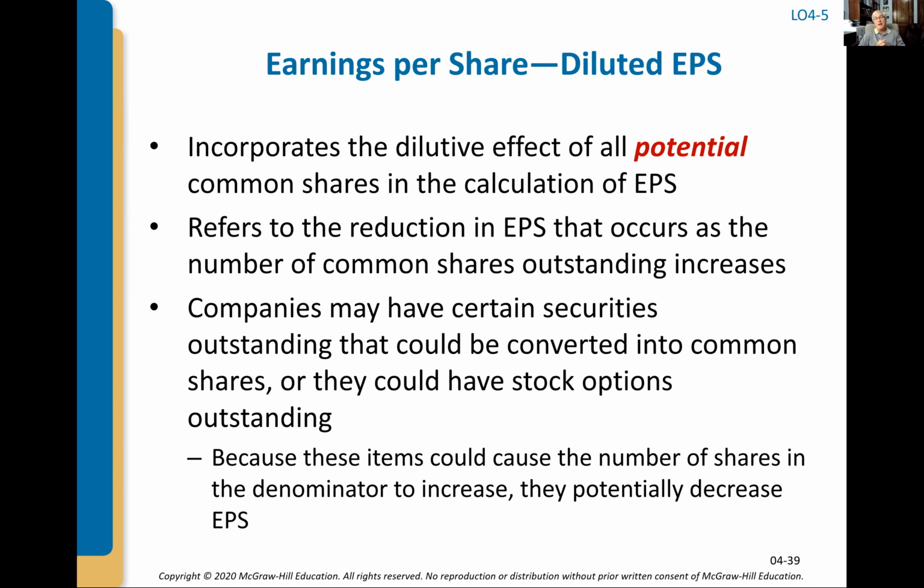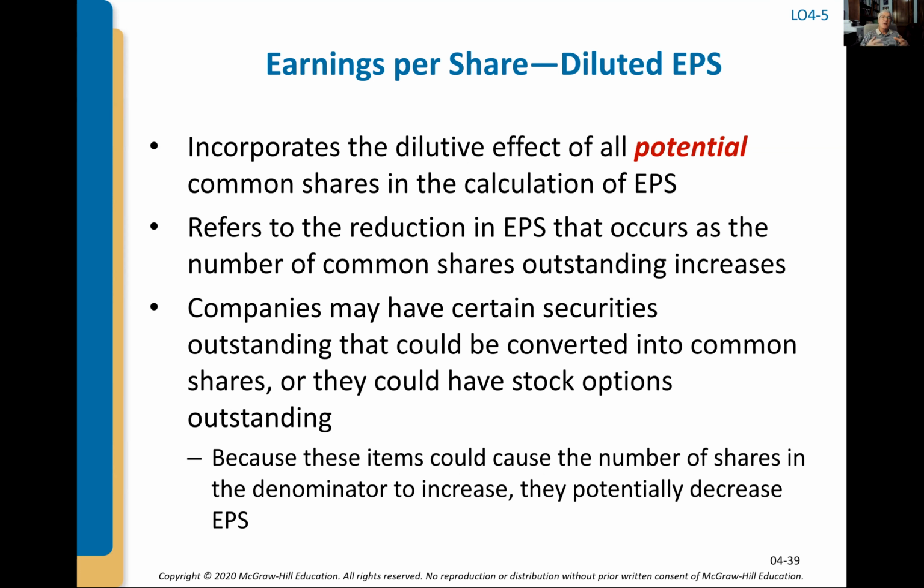Another example: companies sell convertible bonds. They sell bonds that are just like regular bonds, and you have to pay interest on them, but the investor has the option to convert these bonds into shares. And therefore they pay less interest because of that option. When we do diluted earnings per share, we assume hypothetically that the bondholders had converted all those shares.